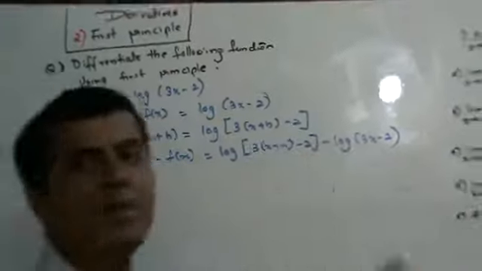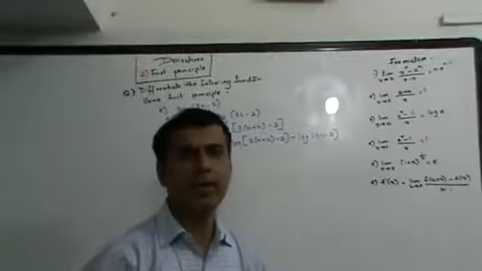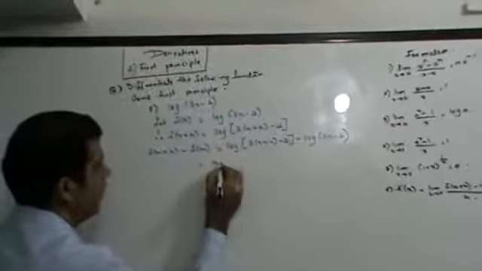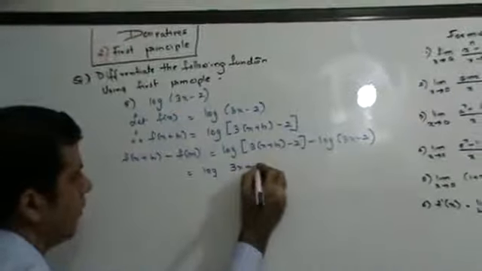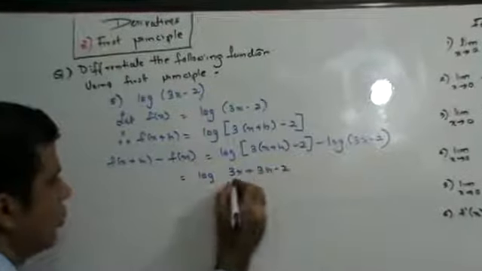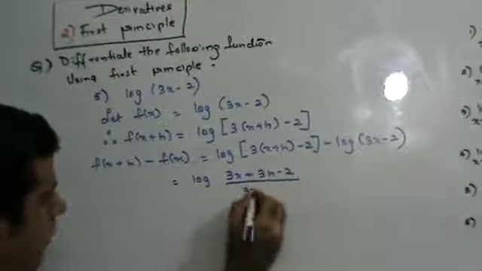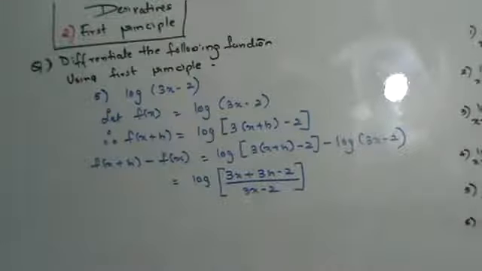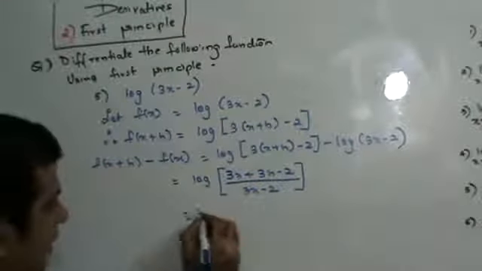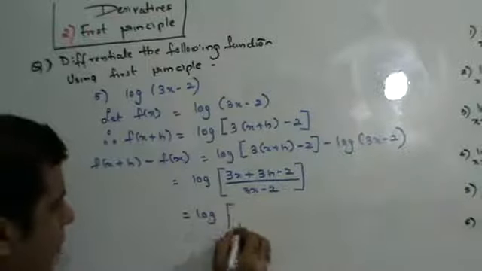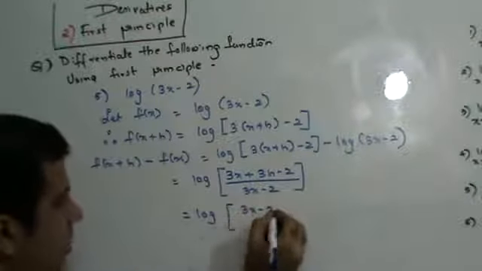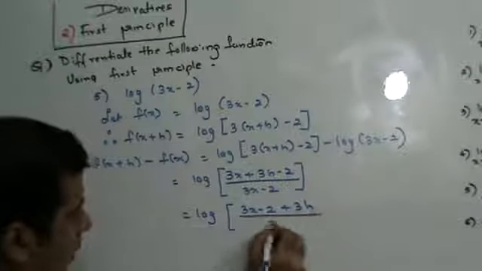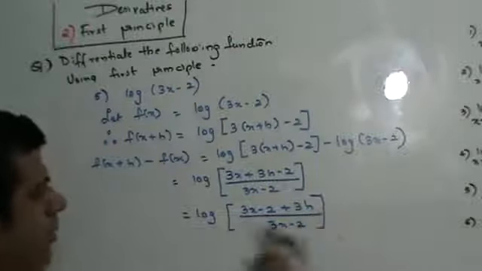Now, log a minus log b is nothing but log a upon b. So this is going to be log of 3x plus 3h minus 2 upon 3x minus 2. Do we get this? Now, rearrange the terms. This can be written as 3x minus 2 plus 3h upon 3x minus 2.